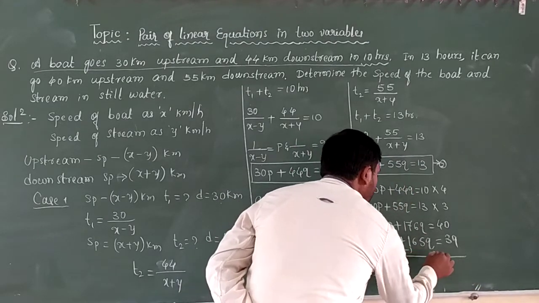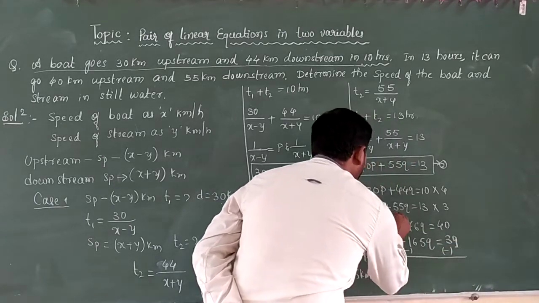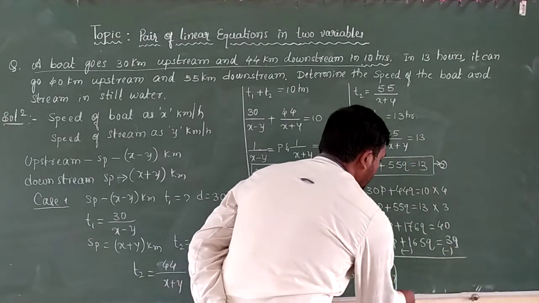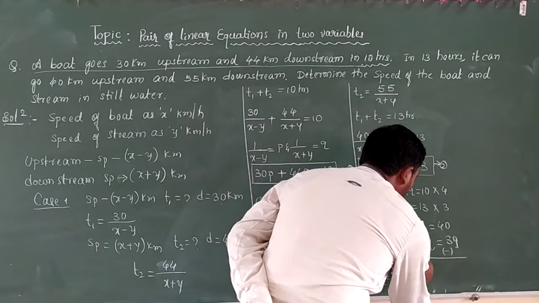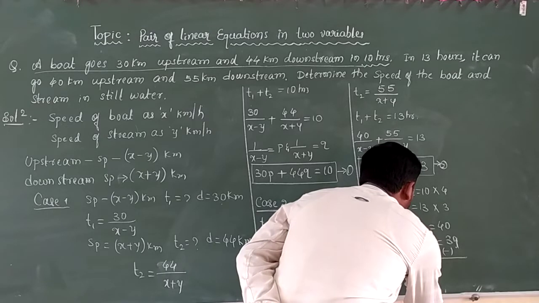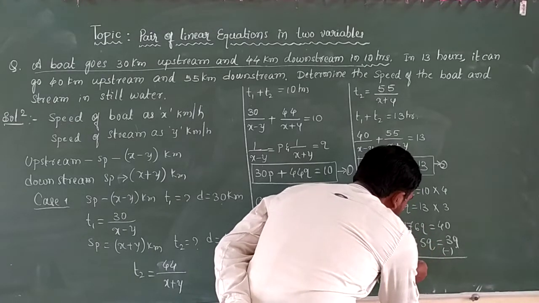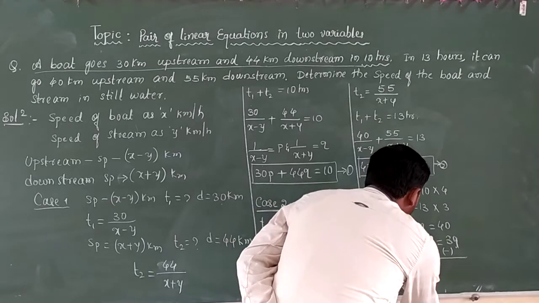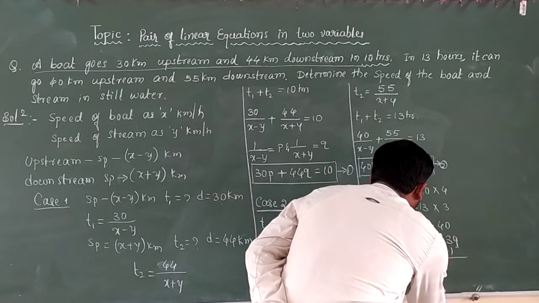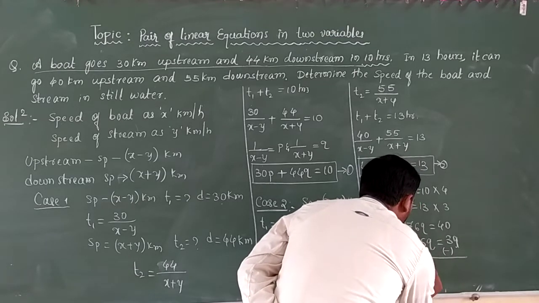Here it becomes minus, here it becomes minus 39. So 120p gets canceled. So here we are going to get 176 minus 165, that is 11.